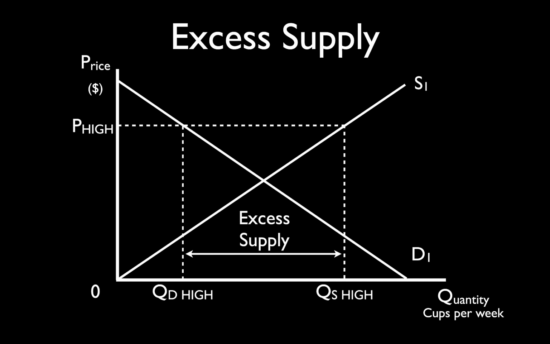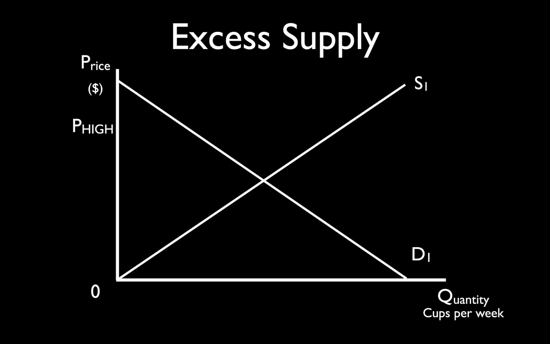At the same time, if they lower price, consumers that weren't buying the cups of coffee at this price now may start to buy coffee, and consumers that were already buying at this high price may increase the amount of coffee that they buy. So because sellers lower the price to get rid of the extra stocks, two things occur. The quantity supplied is reduced and the quantity demanded is increased.